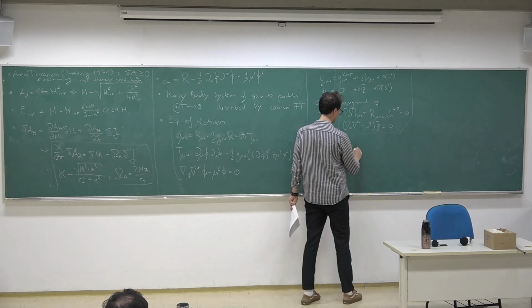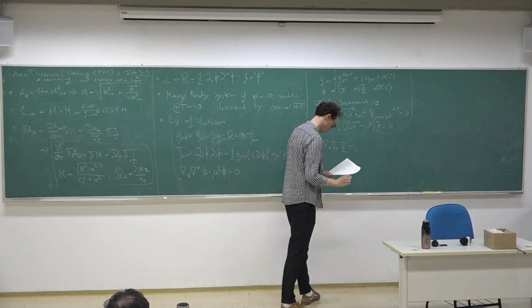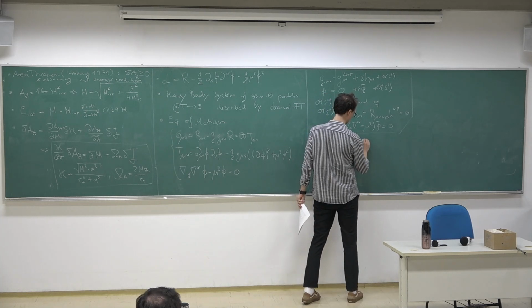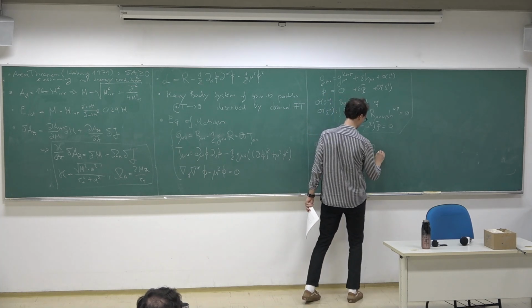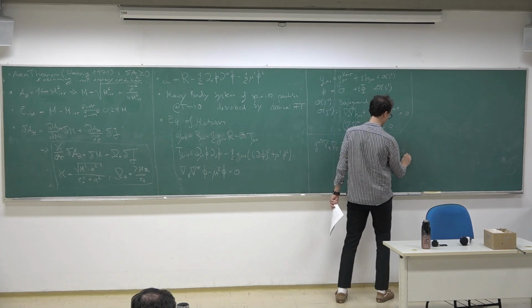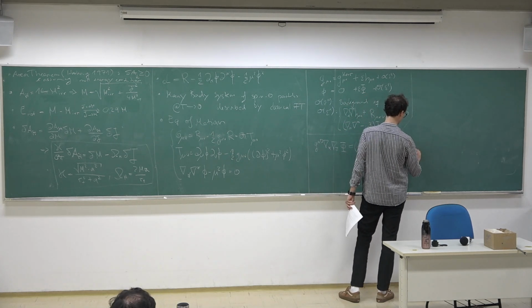If we write it out, we'll see terms of the following form, plus other stuff, acting on phi, equal to mu squared.